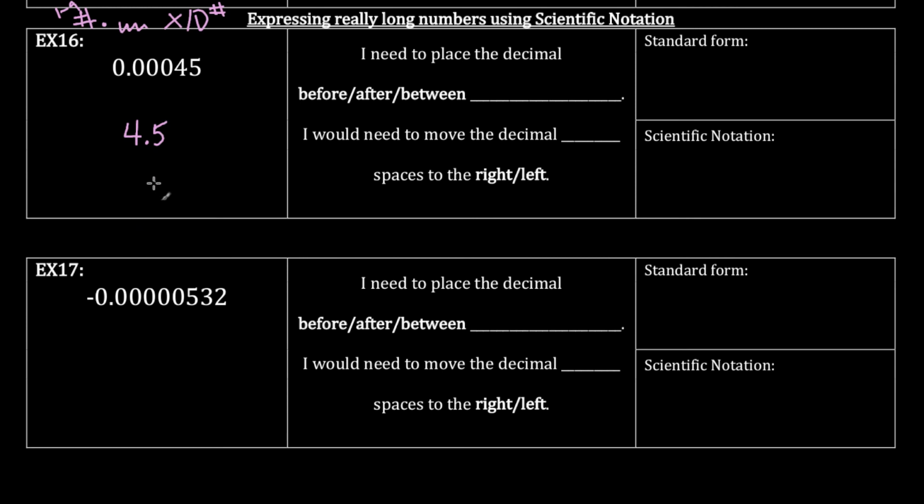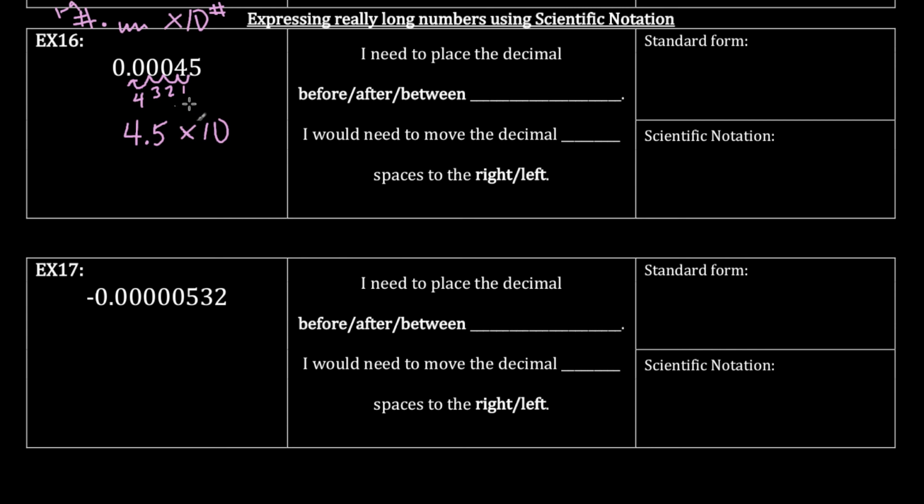4.5. This is where I'm trying to put the decimal. To get back to where it was, I would need to move 1, 2, 3, 4 spaces to the left. To make it into the original number, I would need to move it left 4 times.